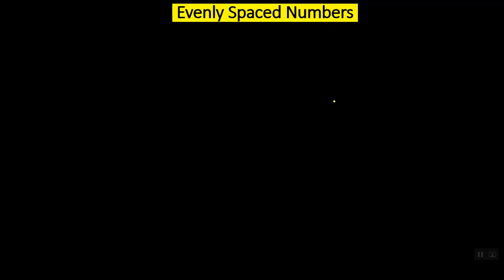Evenly spaced numbers. Which type of numbers are said to be evenly spaced? Let me give an example: 1, 4, 7, 10, 13, 16, and so on. Such numbers are called evenly spaced. Why?